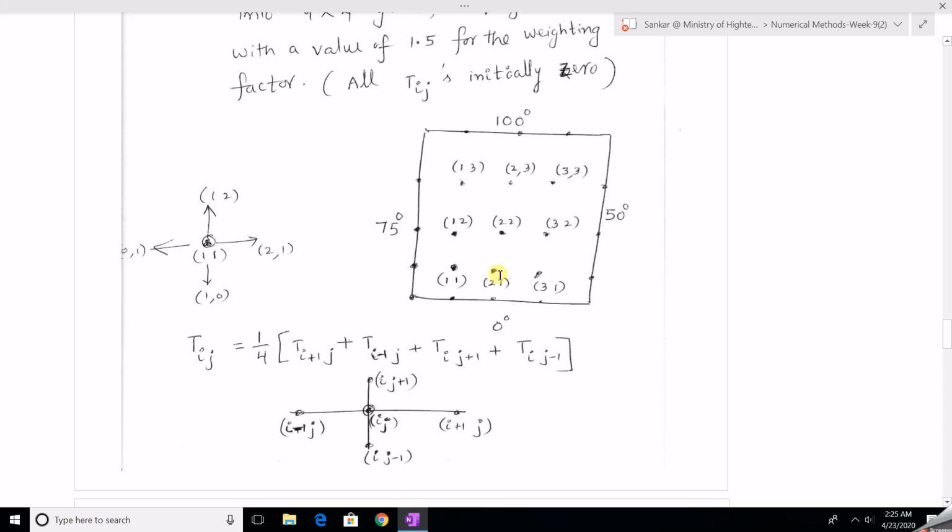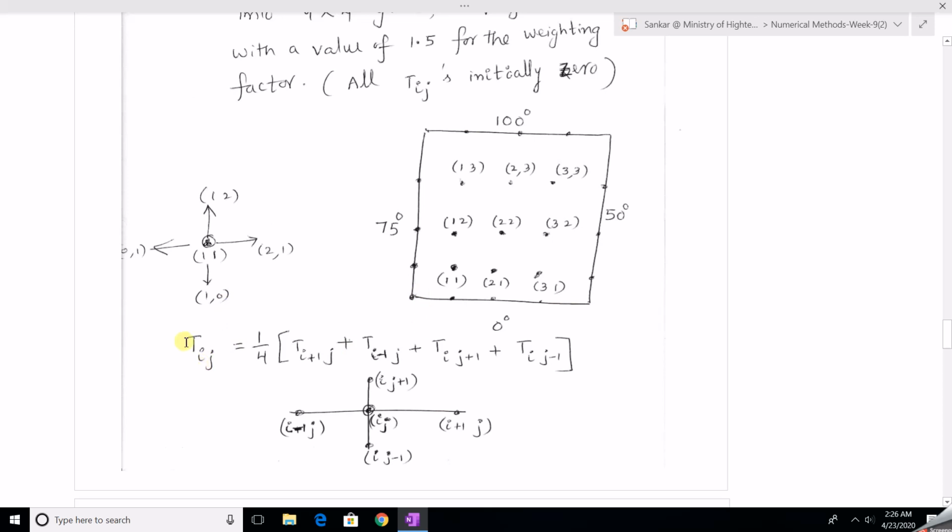How do we write the 4 surrounding points? First we write T21, this point. Next, T01, this point. So if we want the temperature at 1,1, the next point we take is T21, that is Ti+1,j, and the previous point along the x-axis Ti-1,j, here 0,1, and along the y-axis the point above, 1,2, and along the y-axis the point below, that is 1,0.